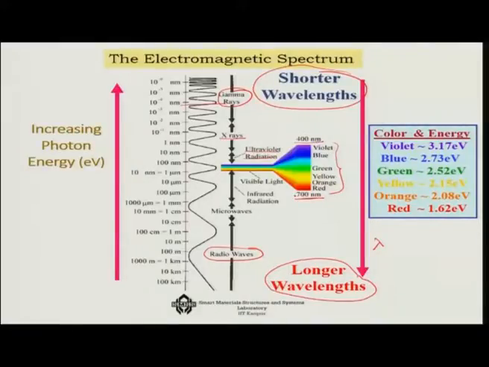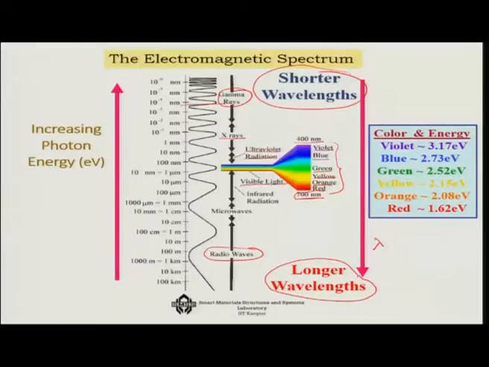At the low wavelength and high energy end, we start with violet, then indigo, blue, green, yellow, orange, red. Red is around 700.